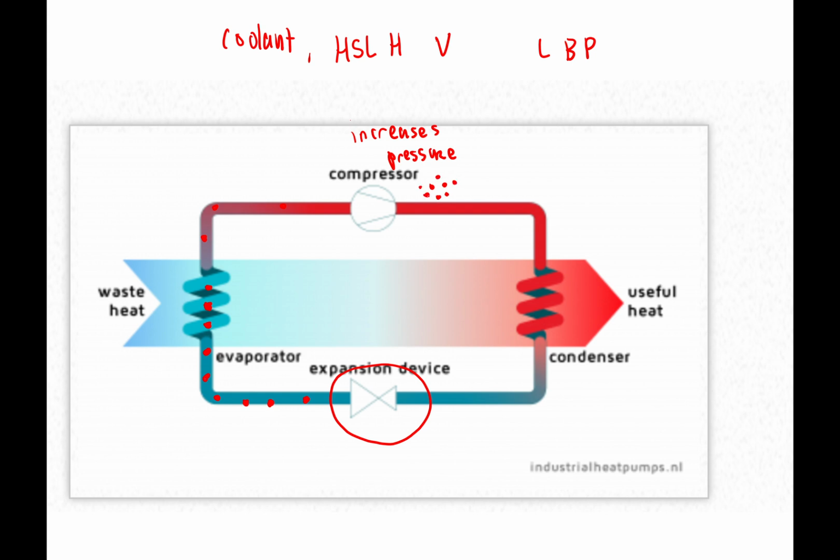As the molecules are forced closer together again, it loses all of that latent heat energy, and that is deposited at the back of the fridge. We then have a liquid in your closed circuit again, and the process continues.